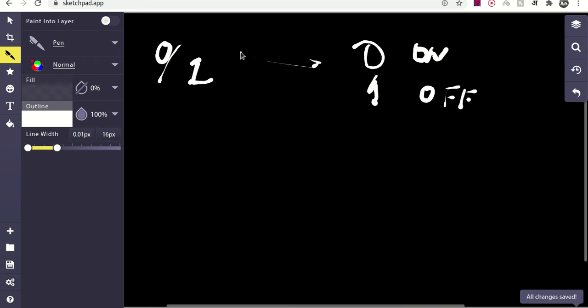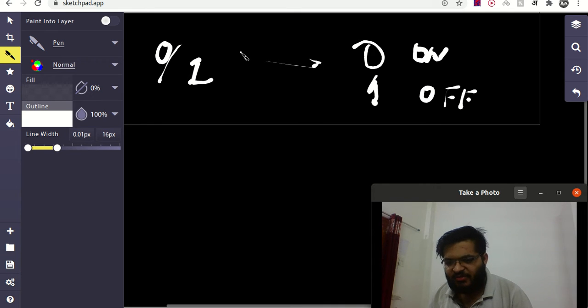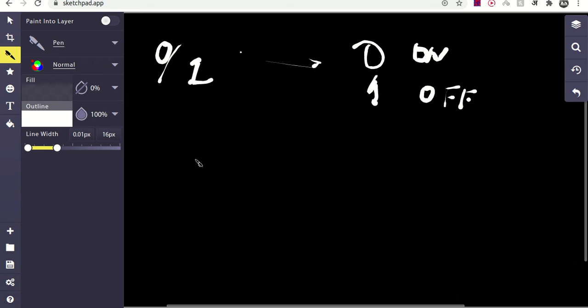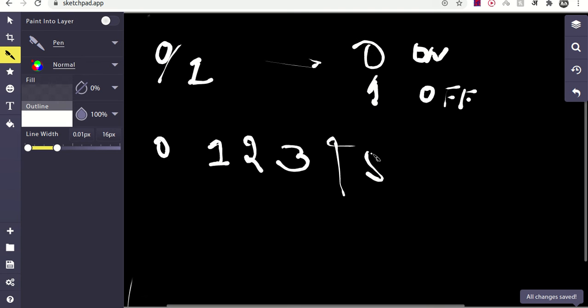But qubits are a pretty different case. For that we use what we call a state vector. Suppose we have numbers 0, 1, 2, 3, 4, 5 and 6. So for 0, we have a state vector of these 7 numbers, of dimension 7 cross 1.